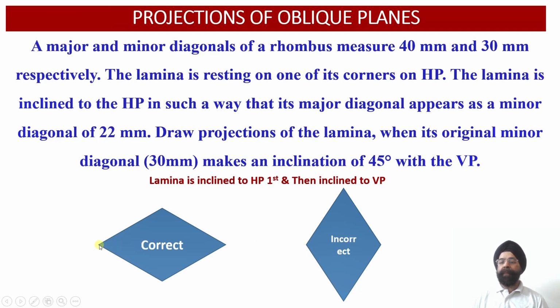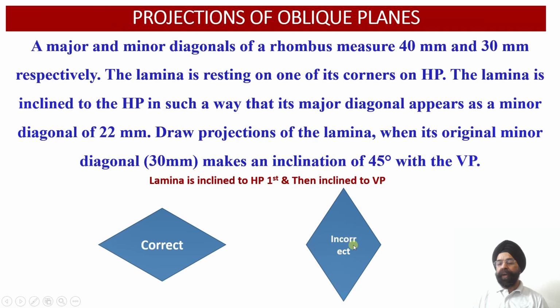But we have been provided with the situation that whenever we tilt this rhombus lamina with respect to the horizontal plane, its major diagonal is going to get foreshortened in such a way that in the top view the foreshortened length of this major diagonal, which is 40 millimeter, is going to get reduced to a minor diagonal measuring 22 millimeter.